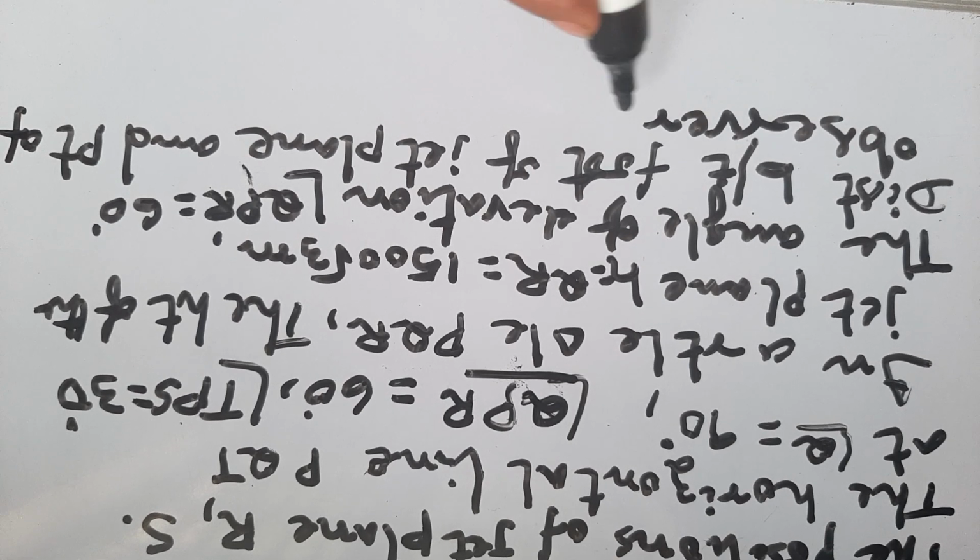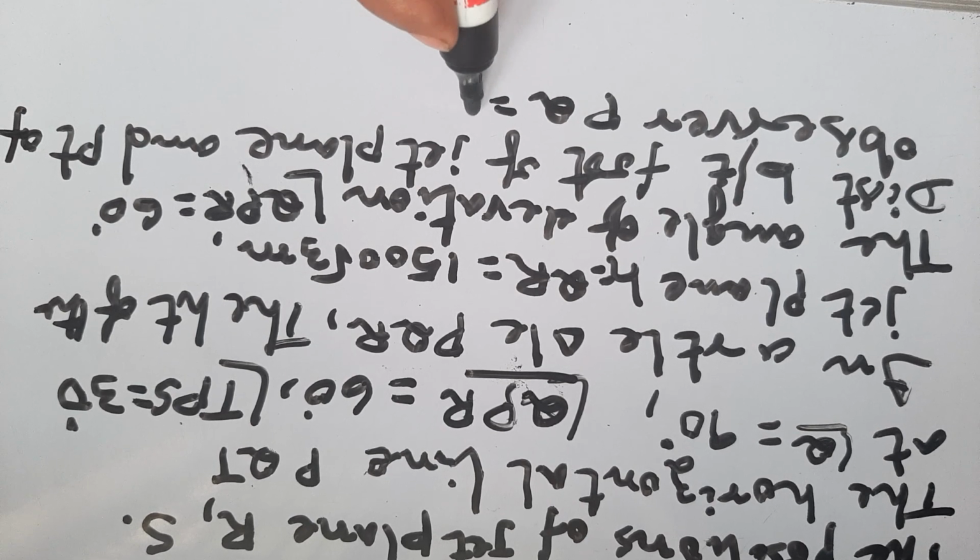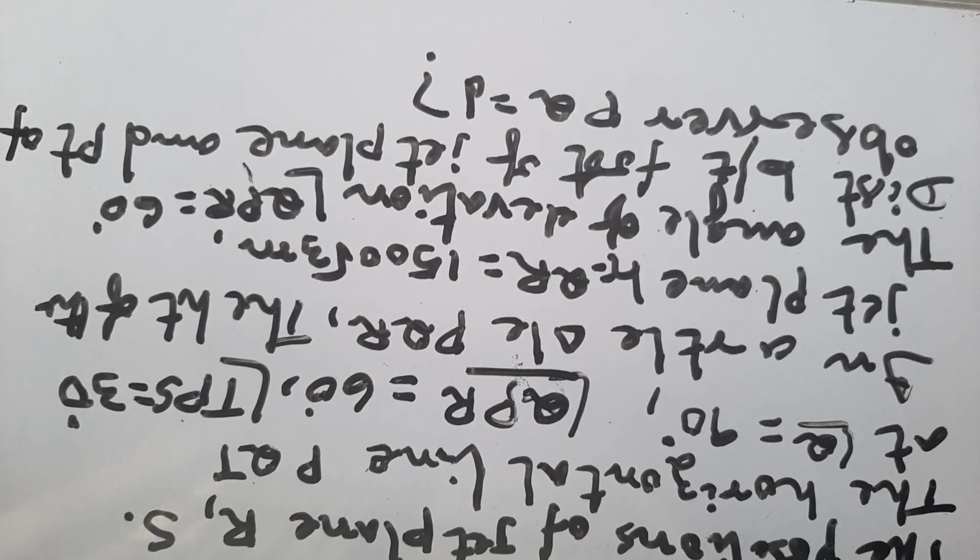We can say it is PQ. This is the question mark, D. Okay. Now, let us see how to find it.